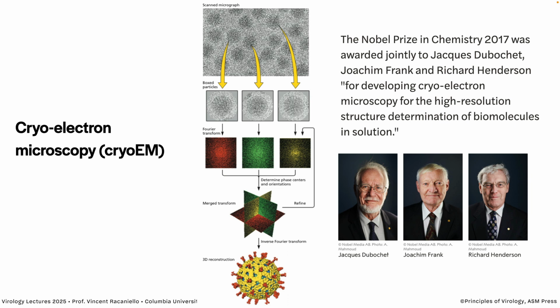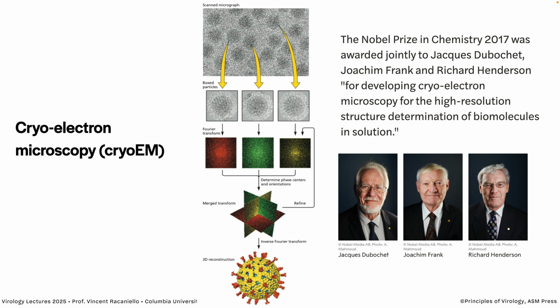I'm not going to pretend to tell you how that works, but the main key is you can synthesize all these different positions of the particles into a 3D reconstruction.